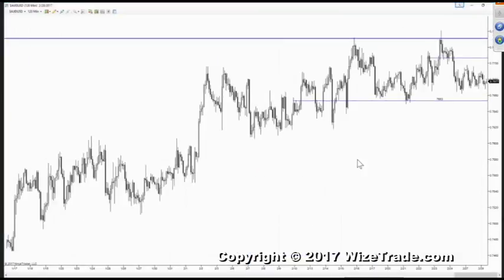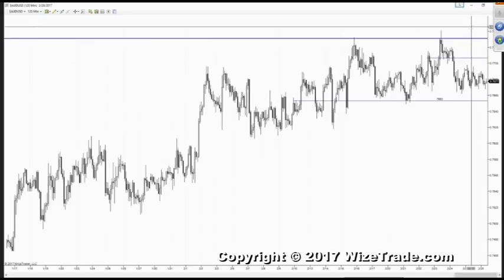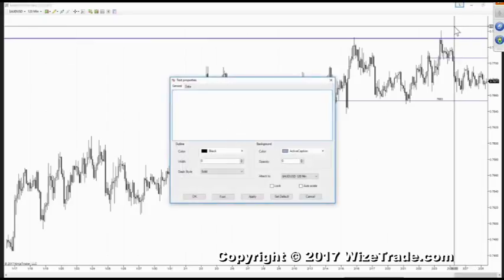As the story said, if anyone can break the Aussie out of this range, it's going to be the State of the Union speech tonight with Trump. This is our old 77.31 friend, so let's mark this off. And I'm going to put that for resistance, actually.